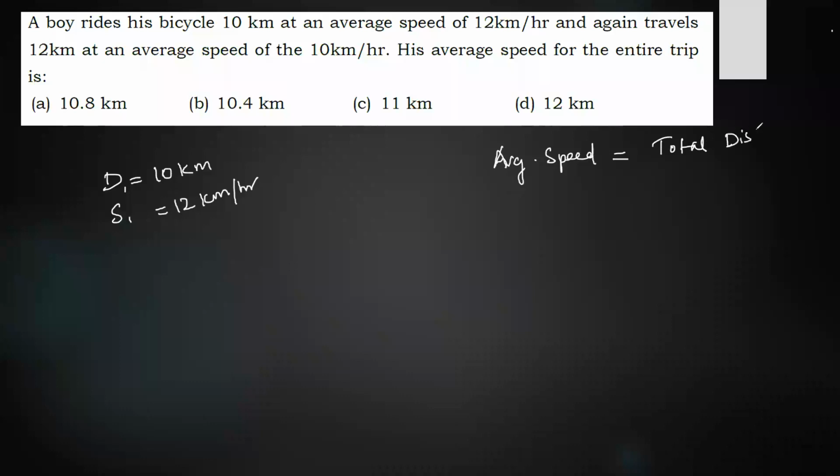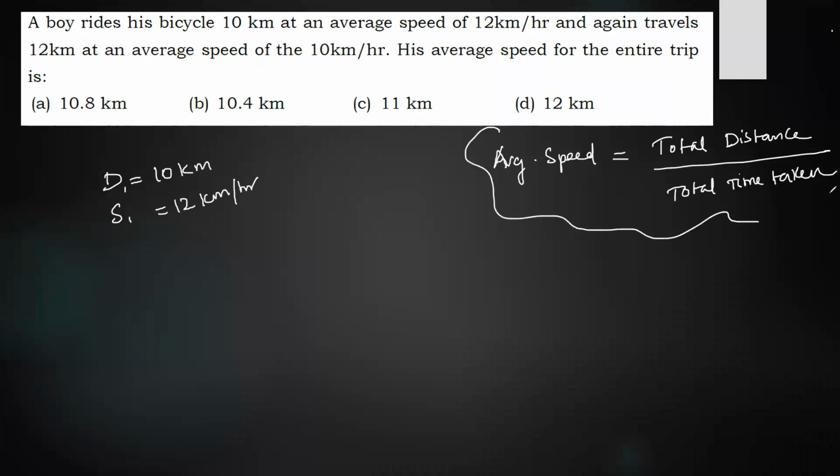So average speed equals total distance by total time taken. First distance 10 kilometers at a speed of 12 kilometers per hour. Second distance 12 kilometers at a speed of 10 kilometers per hour. The question is to find the average speed.